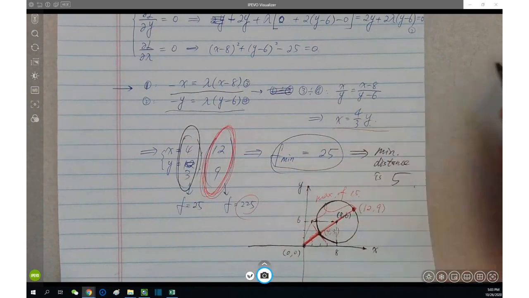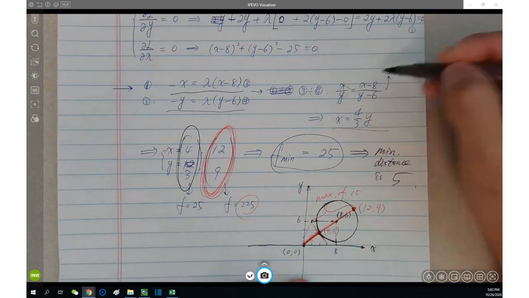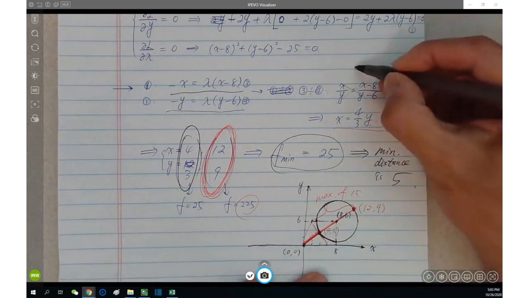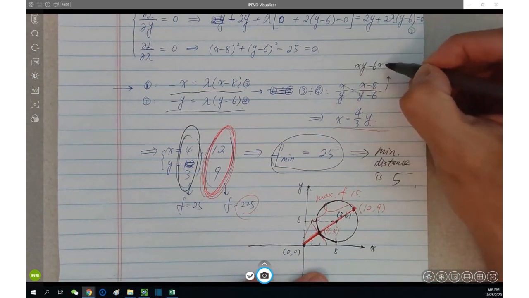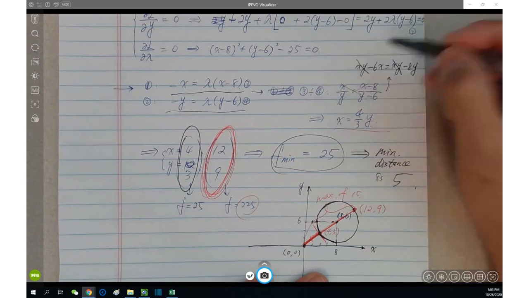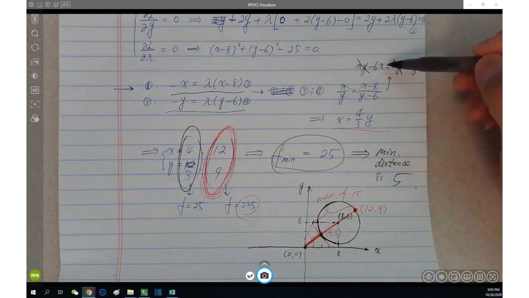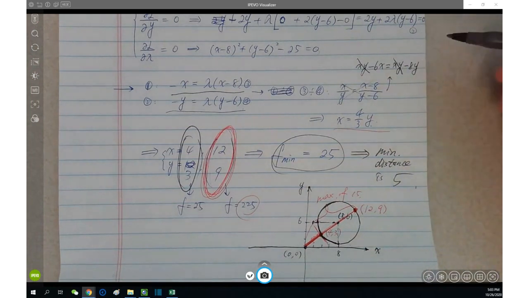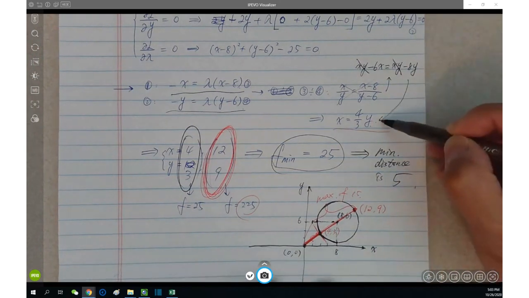From here, you do cross multiplication, right? You get xy minus 6x equals xy minus 8y. The xy terms are canceled. You get negative 6x equals negative 8y. That's how you got here.